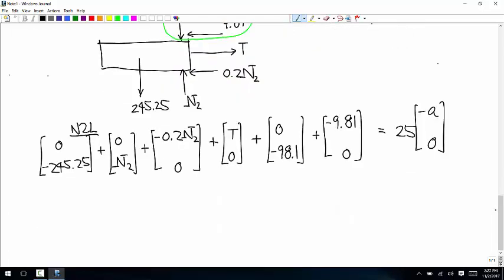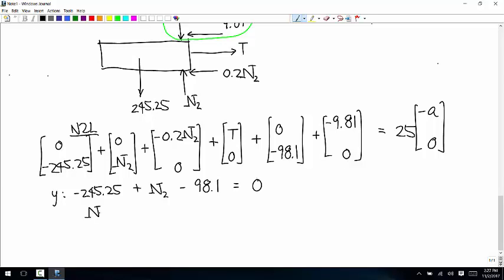And in any friction problem, we use the y equation, solve for the normal force, and then plug that into the x equation. So the y equation says negative 245.25 plus N2 minus 98.1 is equal to 0.